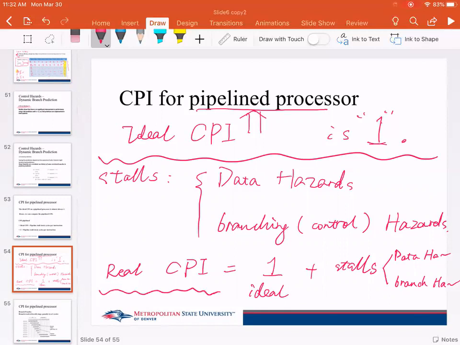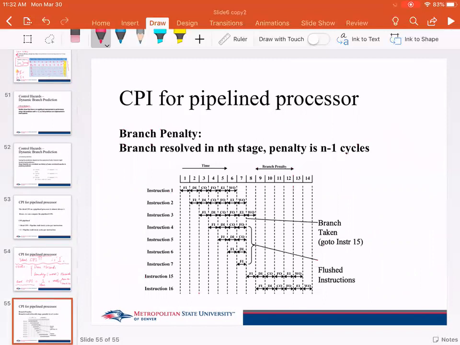Let's look at an example. Suppose I tell you your given pipeline processor only has data hazards or only has branching hazards, then you should know how to calculate the real CPI for a pipeline processor, right? So suppose we only need to deal with a branching hazard, so there are no data hazards inside the given processor.